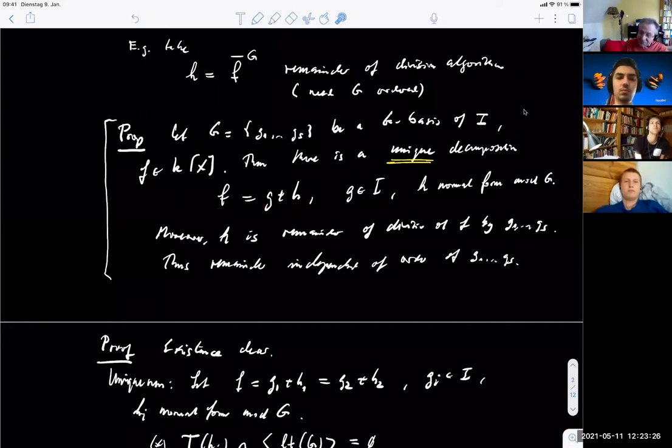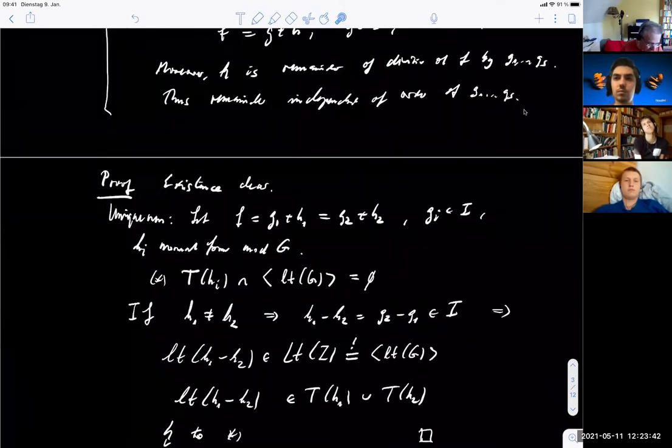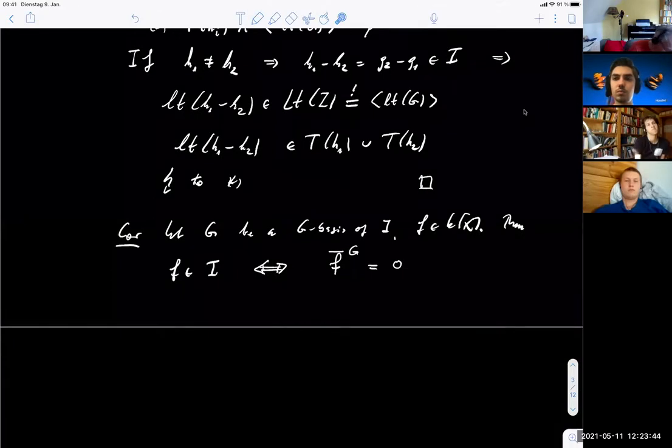So that's a valid decomposition. 0 is always a normal form. So I just have to check whether this h here, which is uniquely determined and can be computed with the division algorithm, is 0. So this solves the ideal membership problem.